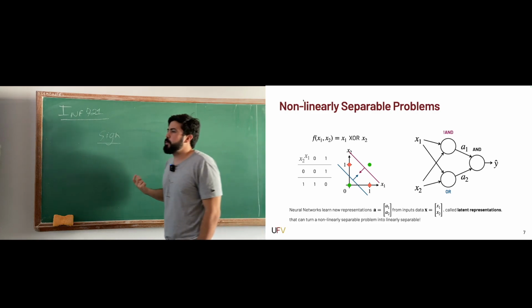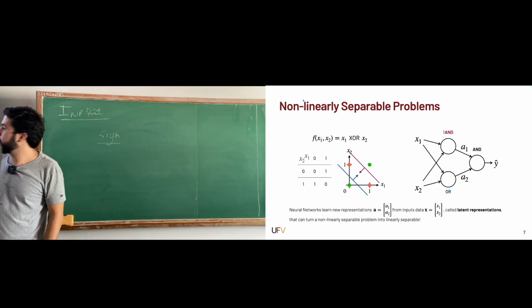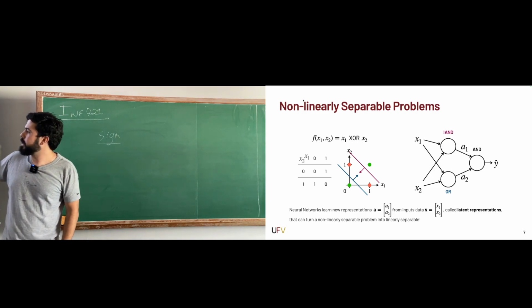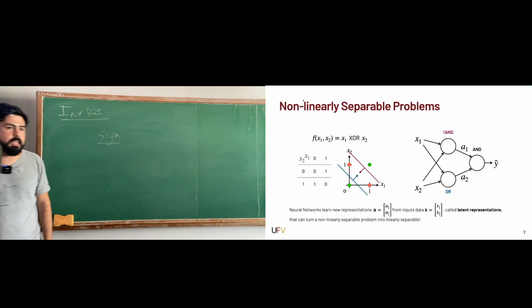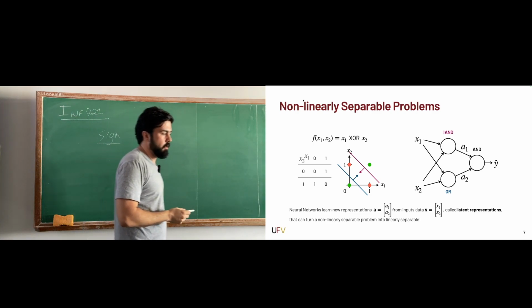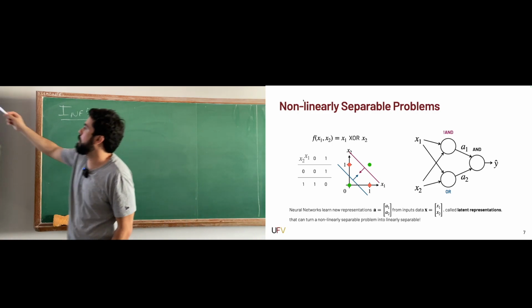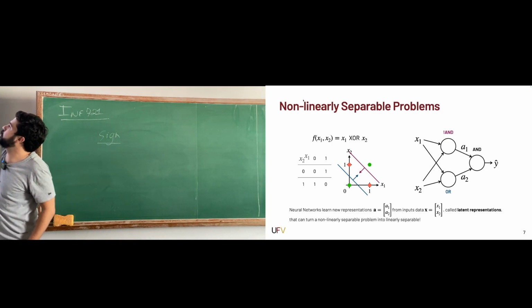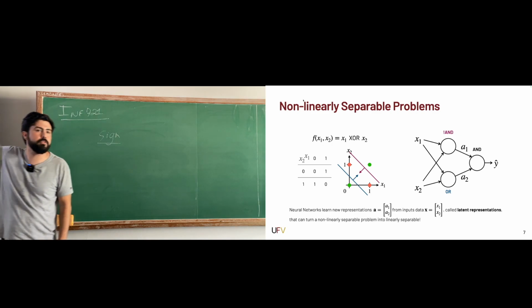The idea here is that we want to learn new representations of the original problem. The original problem gives us input X, but we want to learn new representations A that we call latent representations, because they are learned representations. So I'm talking about these new inputs now. If you think about this A1 and A2, this is an input vector to the final neuron.